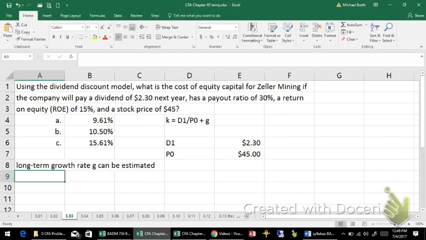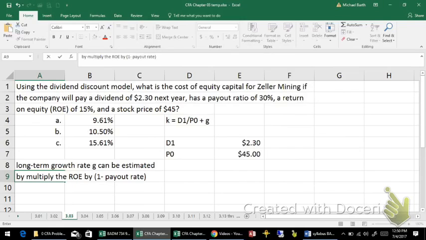So that means that the dividends that they're paying can be that much higher in the future. So to estimate G, we multiply the ROE, in this case it's 15%, is the net income divided by the equity, or the rate of return on the equity, by 1 minus the retention rate, or I'm sorry, 1 minus the payout rate.